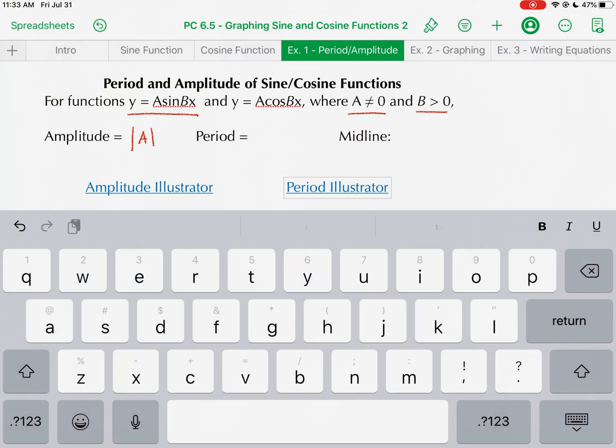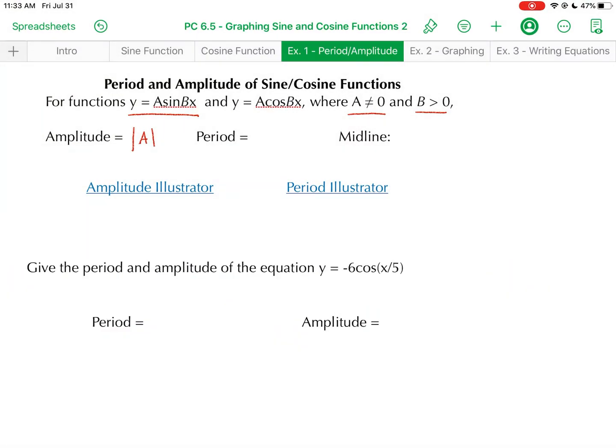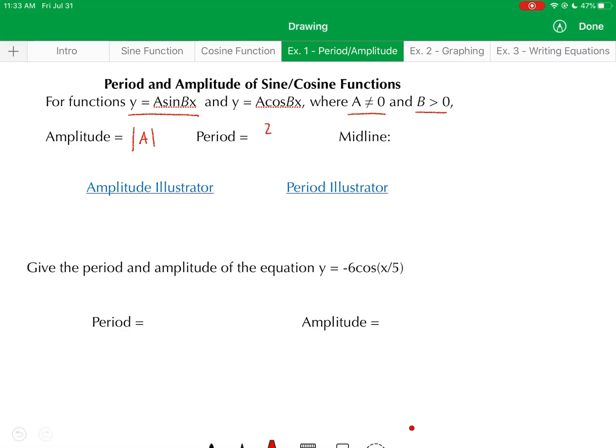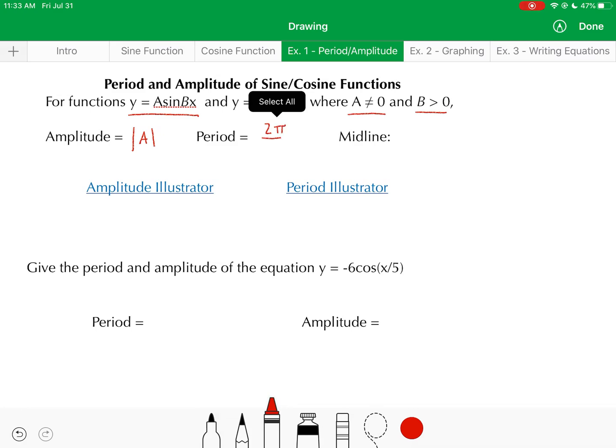So what that's telling me is that I can find my period by taking the normal period of sine or cosine, which is 2 pi, and dividing that by the b value of the equation, all right? And what's at play here is a horizontal stretch or compression that's taking place.